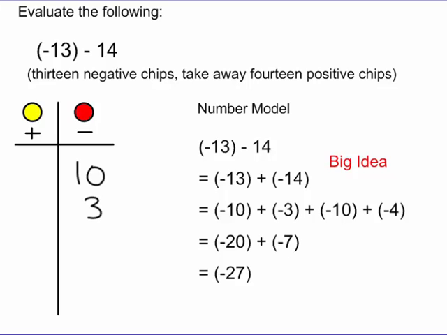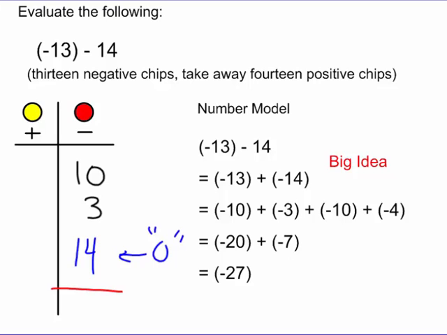But you can see in the integer chip model that I don't have any positive chips to take away. So I'm going to create a zero pair with a 14 and a 14 on each side. So these are a zero pair. Now when I go to take away 14 positive chips, all I have to do is grab my eraser and erase them, and I can look for the total of negative chips.